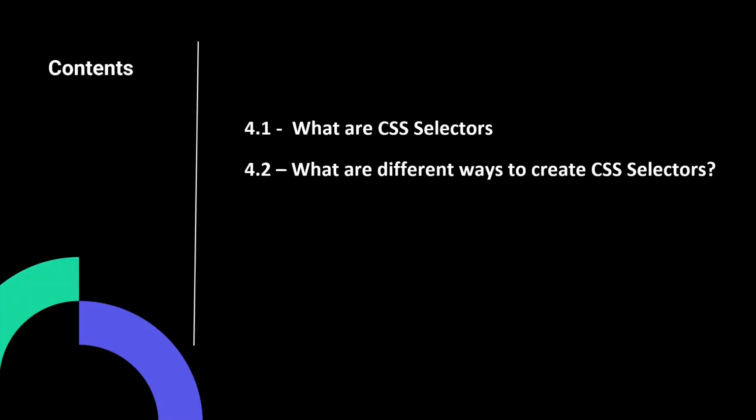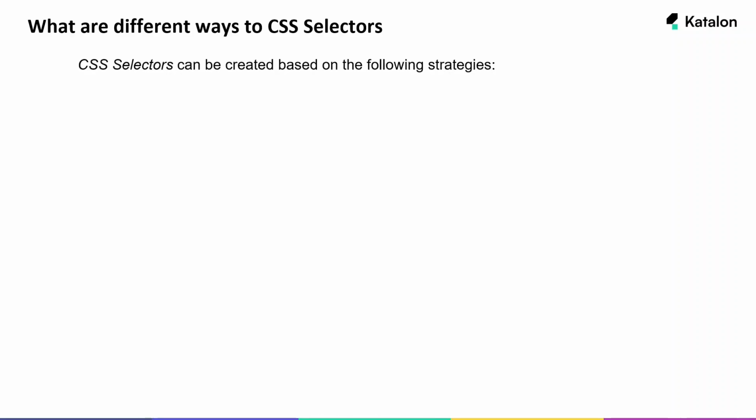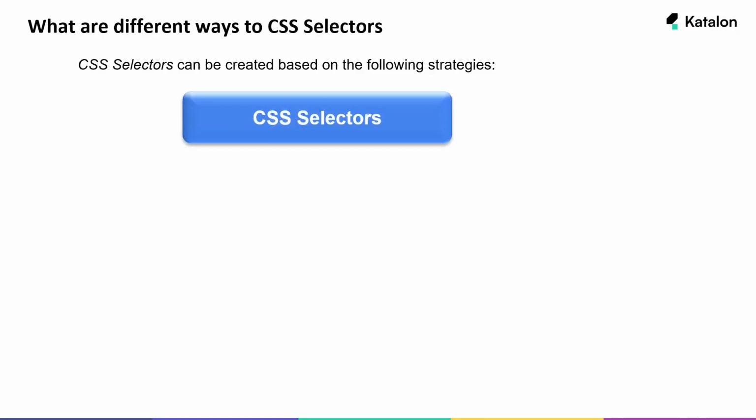In section 2, as part of chapter 4, you will learn the different ways to create CSS selectors. CSS selectors can be created based on the following strategies. What are those strategies? The first strategy is using the ID attribute, and the next strategy is using the class attribute.